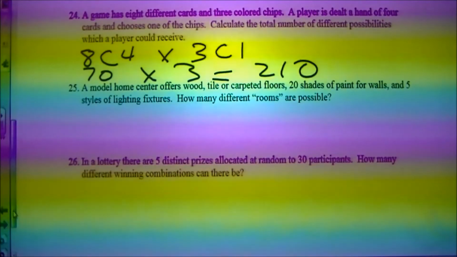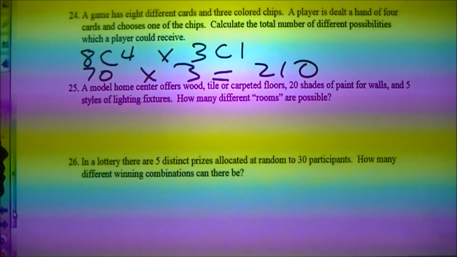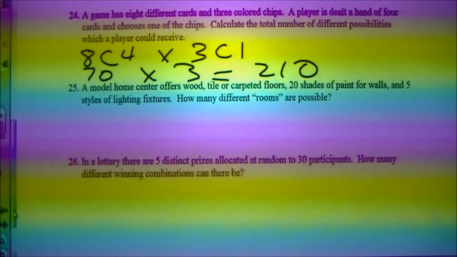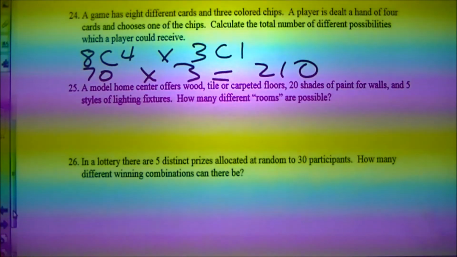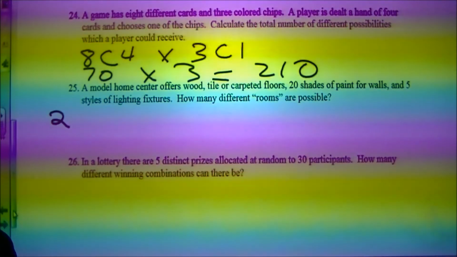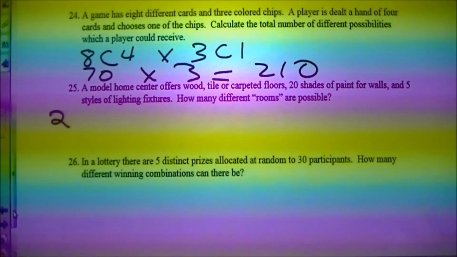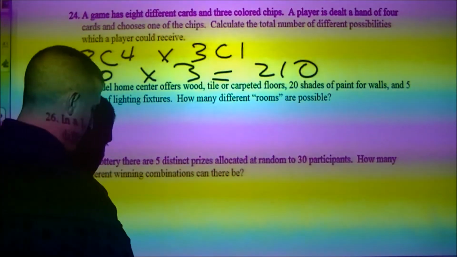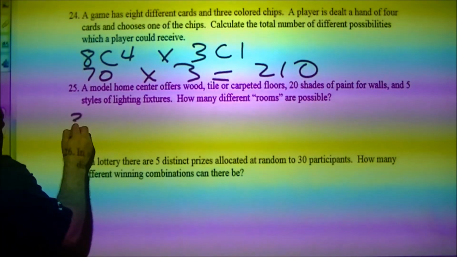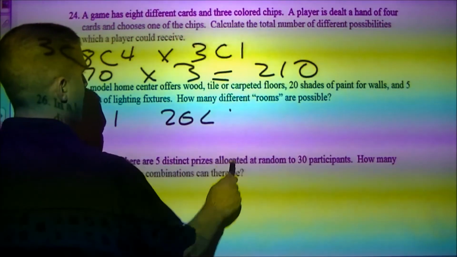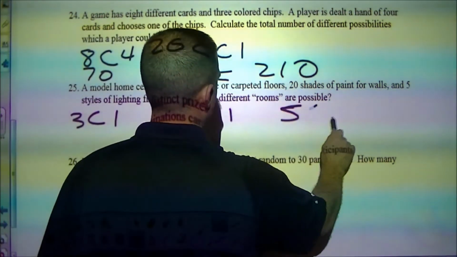A model home offers wood, tile, or carpet floors. There are 20 shades of paint for the walls and 5 styles of lights. How many different rooms? So with the first one, you've got 3 C1 for the type of floors, 20 C1 for the paints, and 5 C1 for the lighting.